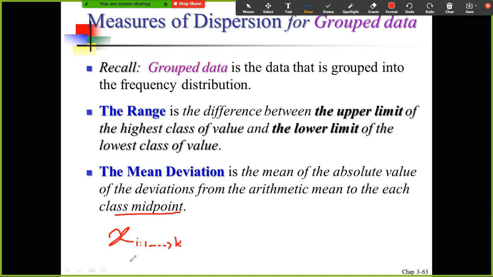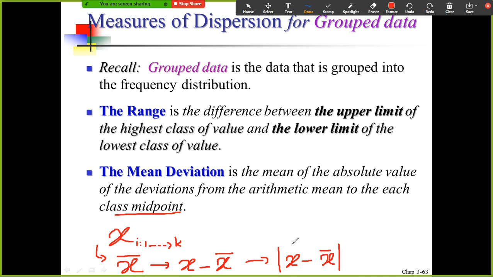When you got midpoint, next you need to find arithmetic mean of group data. After that, you need to find deviation from midpoint class to arithmetic mean. After that, you need to put absolute value sign in order to eliminate the sign.